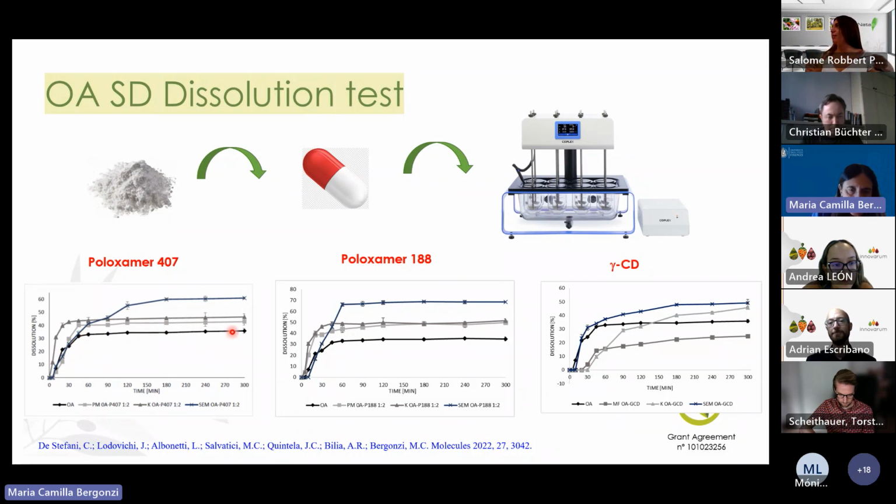In black here, this line represents the dissolution profile of oleanoic acid alone. The other lines are the dissolution profiles of oleanoic acid from solid dispersion obtained with a different method.